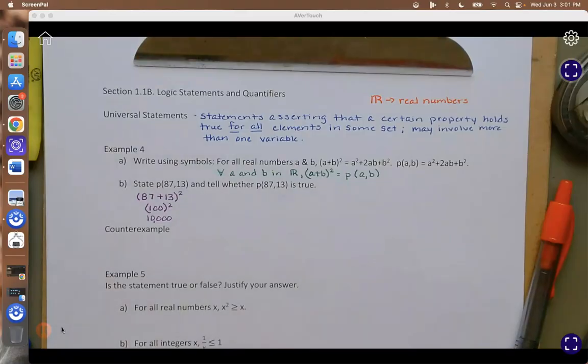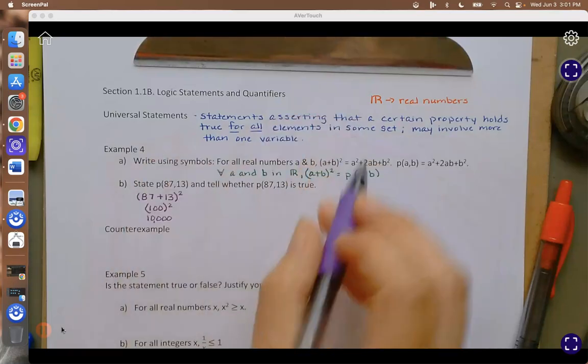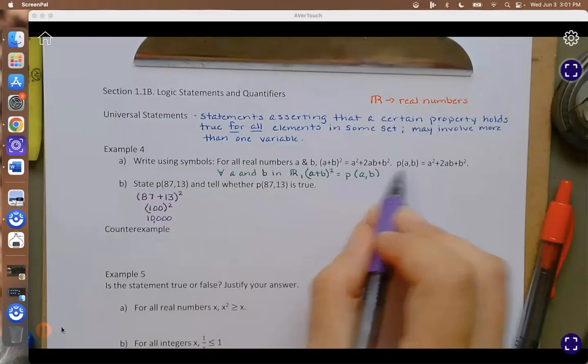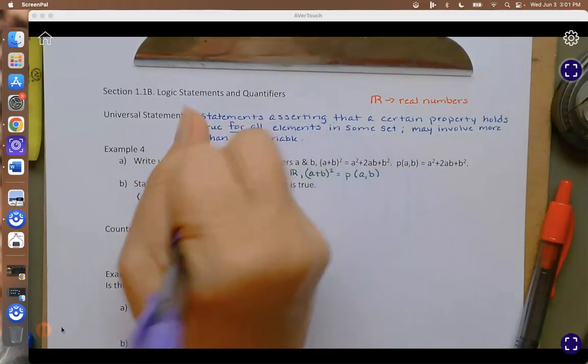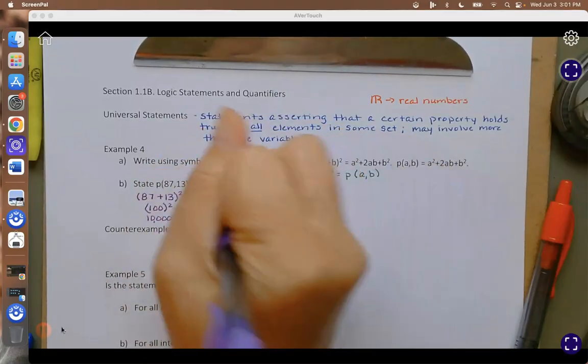Okay. Now, so you might want to get your calculator out today. Let's see if my calculator's charged. And it is. That's really good. And then we're going to plug it into the a squared plus 2ab plus b squared.